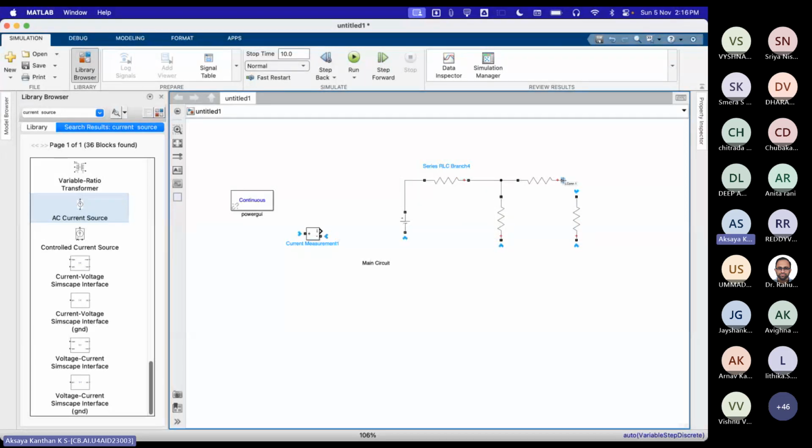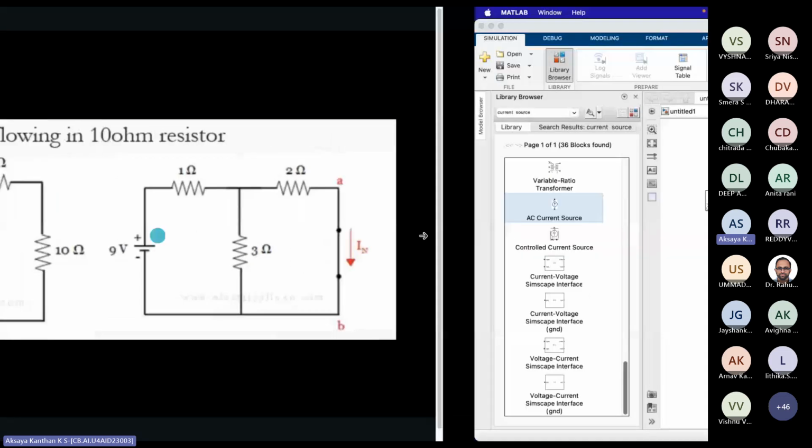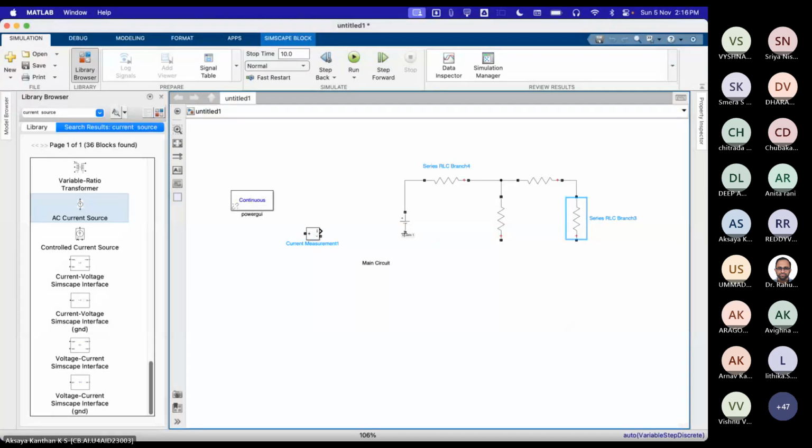Then in this circuit, the 10 ohm resistor is the load resistance. So closing the circuit. So our aim is to find the current through this 10 ohm resistor.